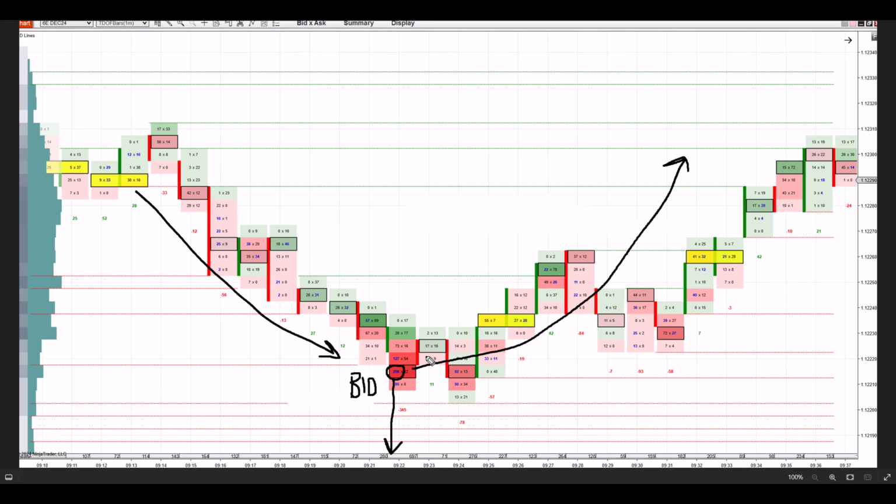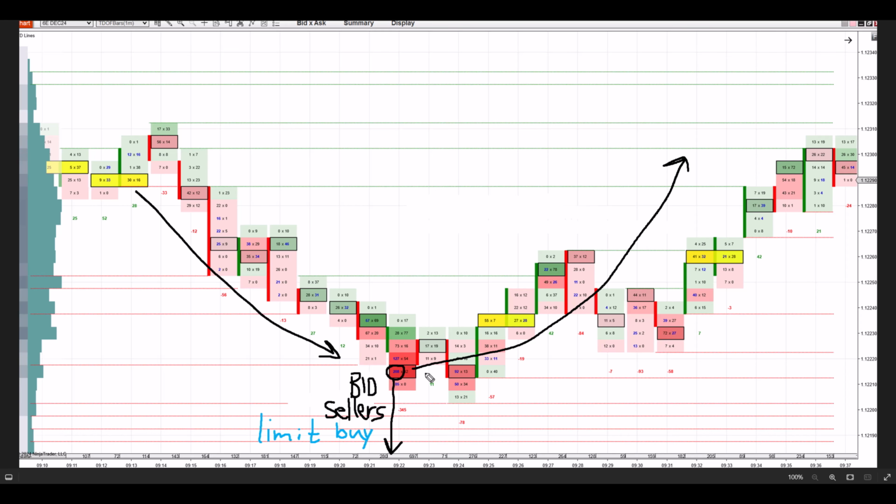The problem is that many people think that the bid side only shows sellers. But this is not entirely true, because if somebody buys with a limit order, it will also show on the bid side of the footprint. So this could be sellers, but also it could be a passive buyer entering his long trade with a limit buy.